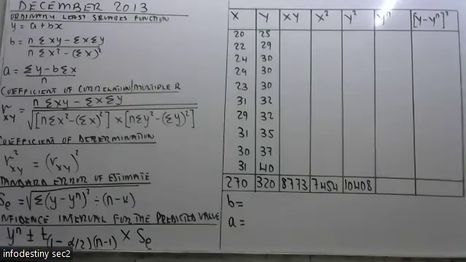So you have 10 plus 0.81 times 20. 26, 32.